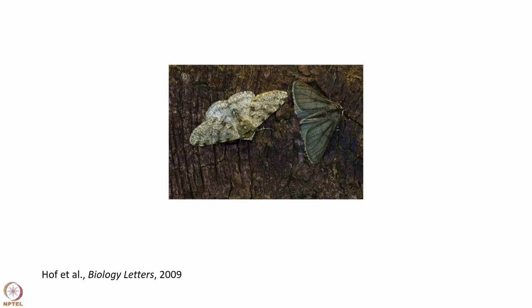So, the first example, as you can see on your slides, are these pictures of these two moths. One of them is this light colored moth and the other one is this dark colored moth. These are famous examples from when industrialization first started in England.